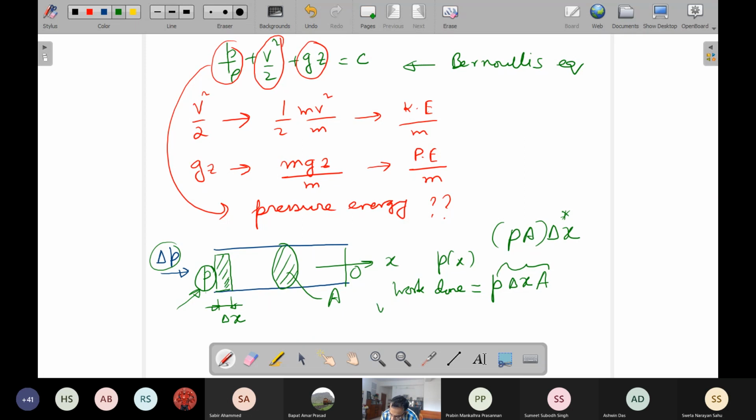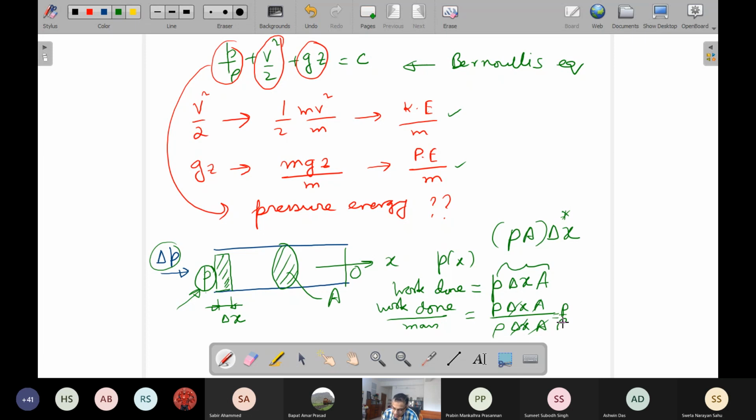Because these energies are expressed per unit mass, this work done per unit mass is P delta x into A. And what is the mass of this shaded element? That is nothing but density into the volume, right? So you can see these are cancelled, and this turns out to be P by rho, right?